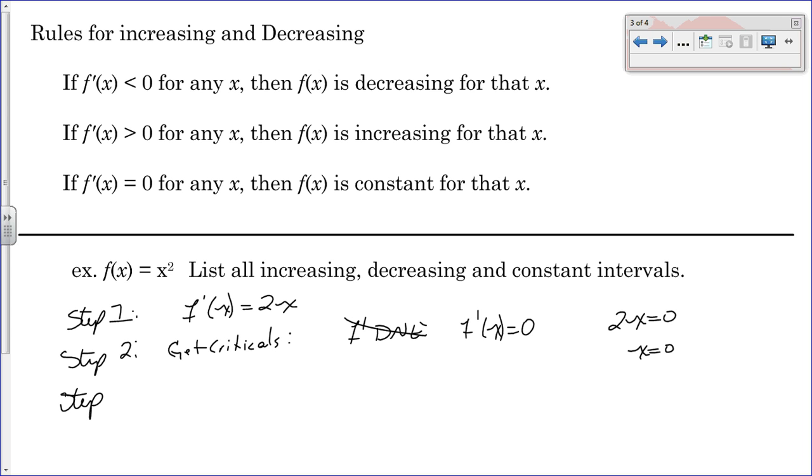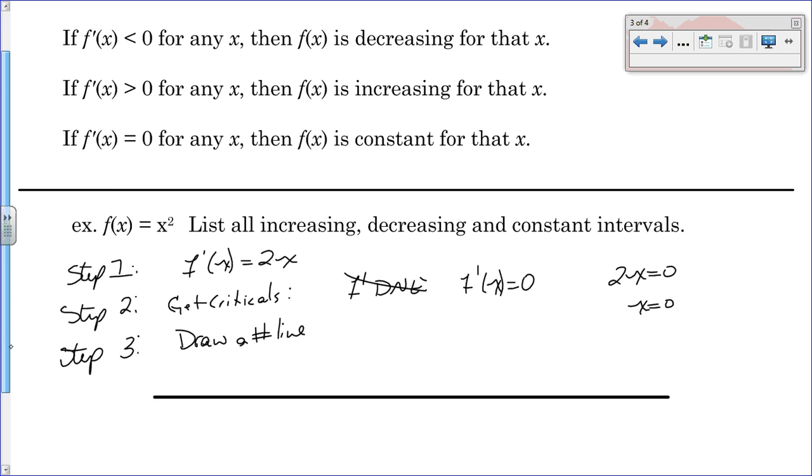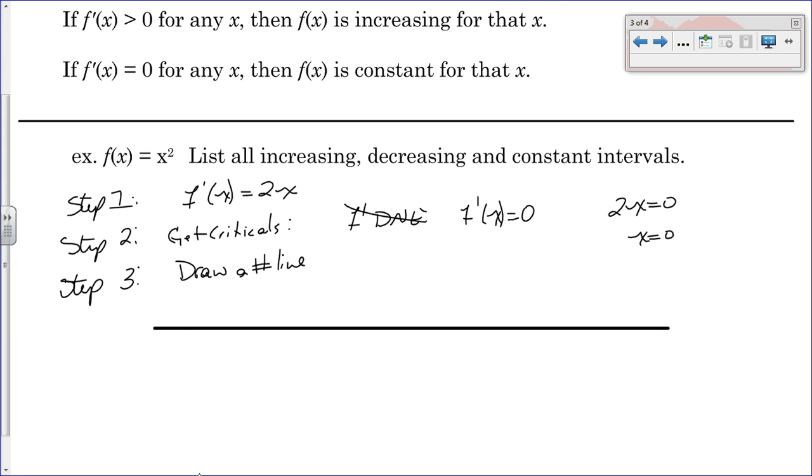Step 3 is draw a number line. So let's draw a number line. Now what you want to do is plot the critical values that you just found.